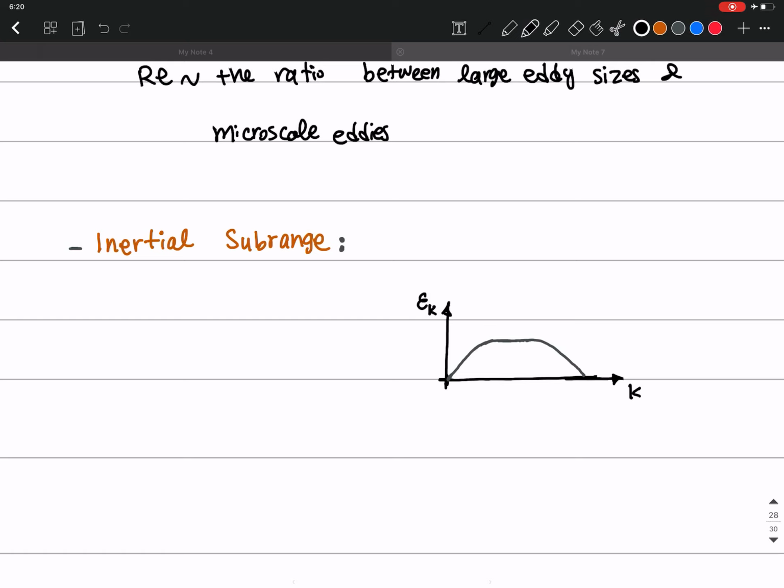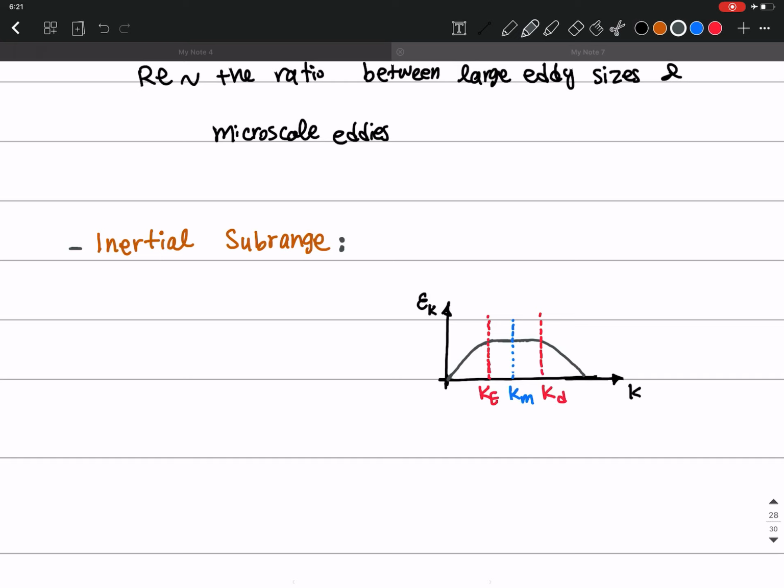Based on this, we divided the flow into these three regions: KE for the production range, KD for the dissipation range, and also we can define something for any particular wave number, we just name it Km.